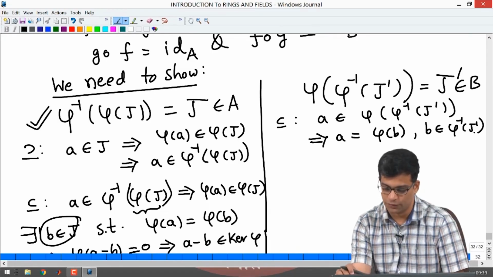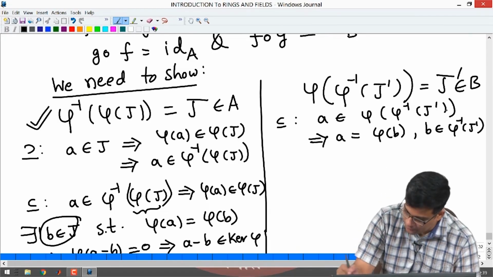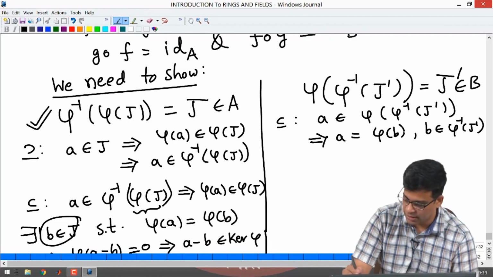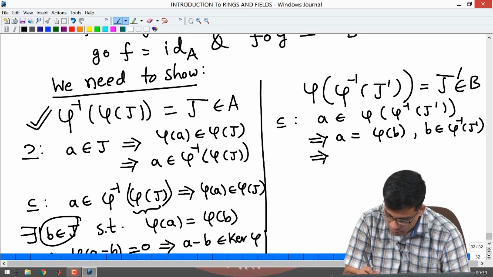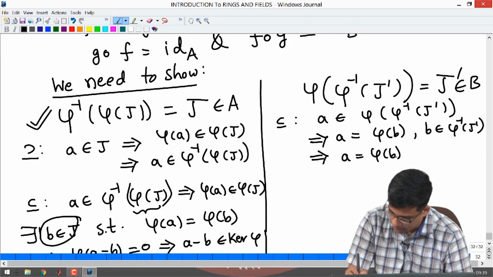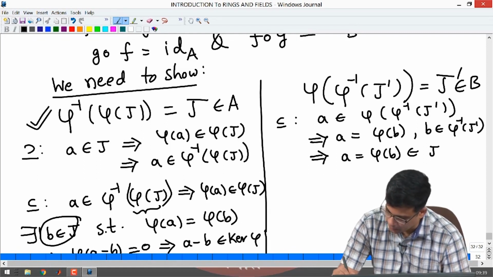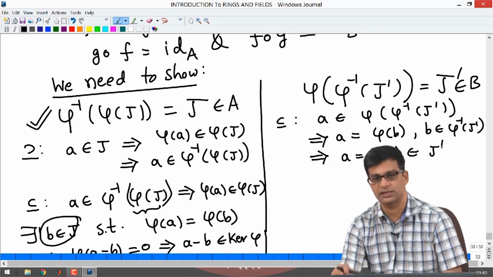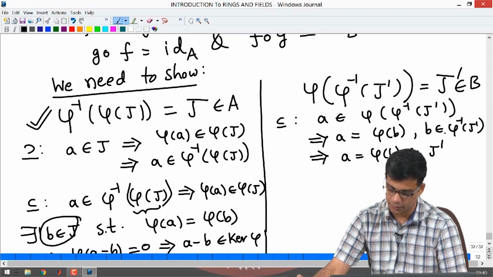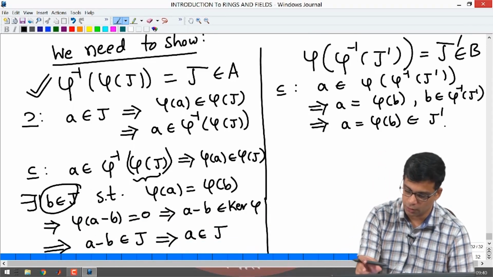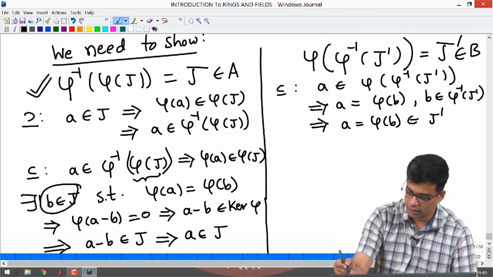But B is in phi inverse j prime, that means phi of B is in j prime, that means A is in j prime. So, that is exactly the inclusion of this in j prime.